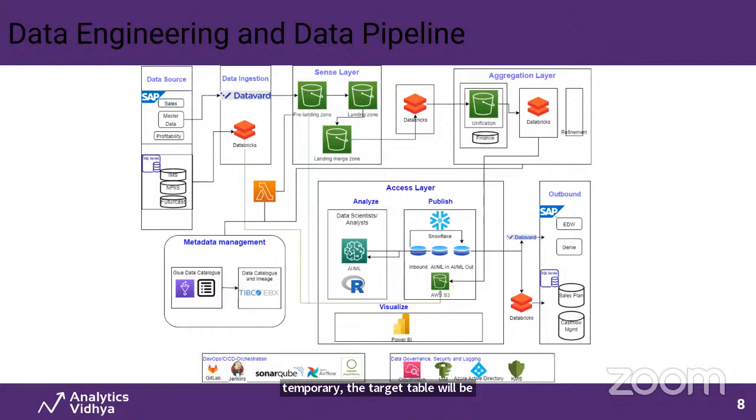We get all the data from target and source, do some union operations and a left anti-join to figure out whether it is an update or an insert. Based on that, we replace the target data set using this temporary table. So it takes a lot of in-memory operations compared to just doing a merge operation.